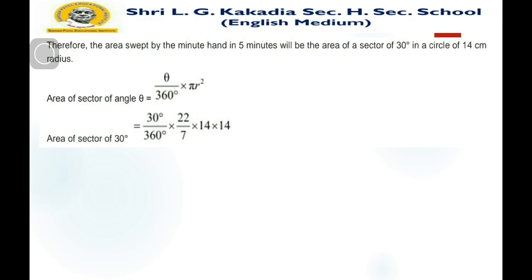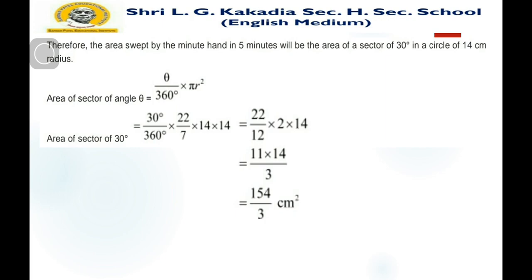So area of sector of 30 degree is equal to 30 by 360 into pi r square. The value of pi is not given, so we take the value of pi as 22 by 7, into 14 into 14. Hence we get 22 upon 12 into 2 into 14.